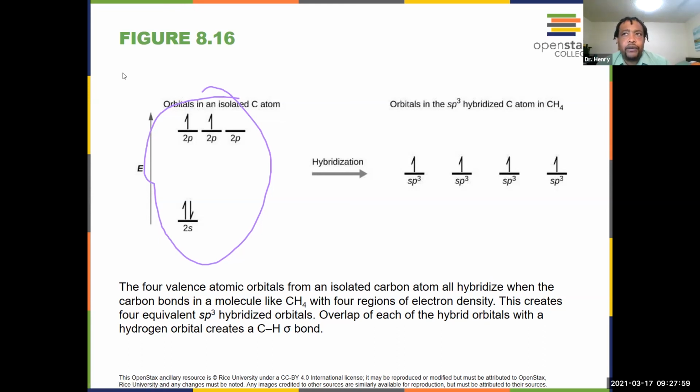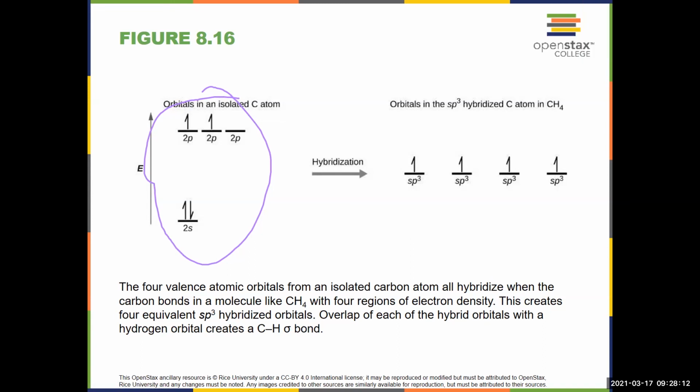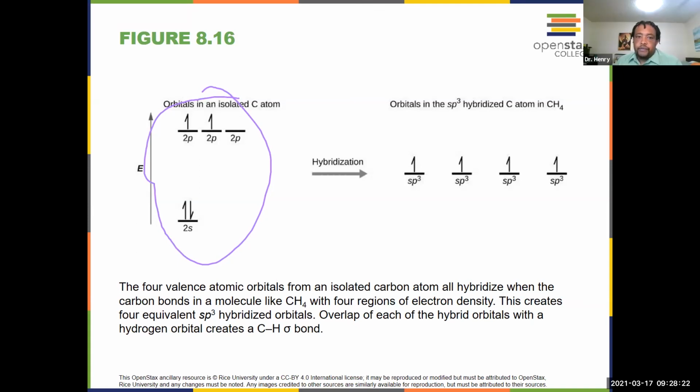If you're already up here in energy, why would you want to bond with anybody if you're going to still be at the same level? You want to be at a lower energy level. You want to be more stable. Does that make sense? So it's the center atom and its valence electrons that create the hybrids in order to have the lowest possible energy. That is correct.